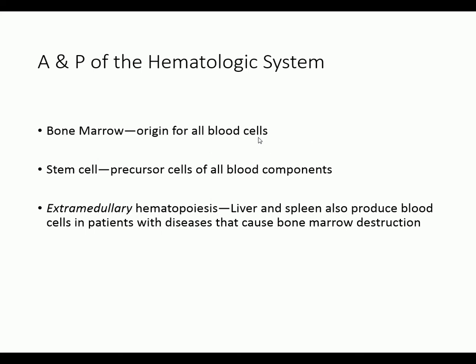The stem cells are the precursor cells to all cells because they're capable of becoming any type of cell depending on what the body needs at the time and the specific growth factors and cytokines that are present. Okay.